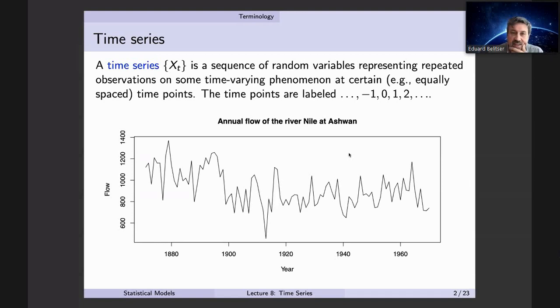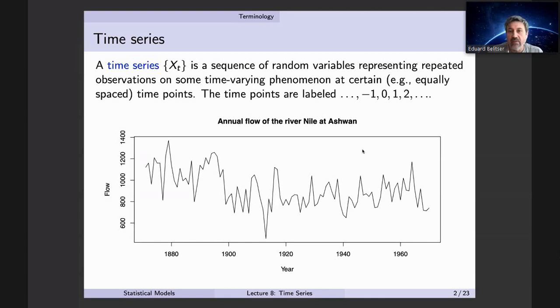What is the index of an observation? Before, it was just two distinct, different observations from each other, but now the index is going to play a role over time, appearing in time. Whatever the time unit is, it's a fixed time unit, for instance a second or a day or a year.